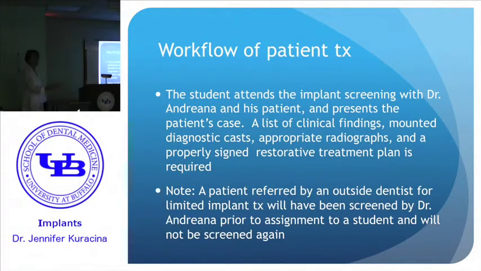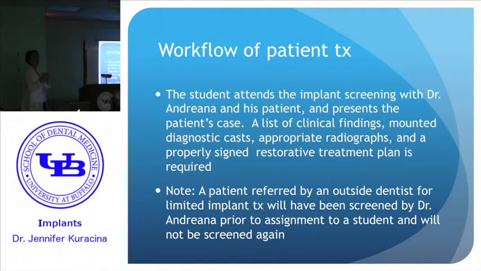If you don't want to do it that way, then I'm going to refer you to a post-grad clinic. That's one of the reasons why it's important to go through him all the time, because he covers all that stuff. The patient knows what to expect in terms of the surgical fees and the restorative fees. He's the one that will confirm that it's a suitable pre-doc case. It avoids a lot of problems by doing it that way.